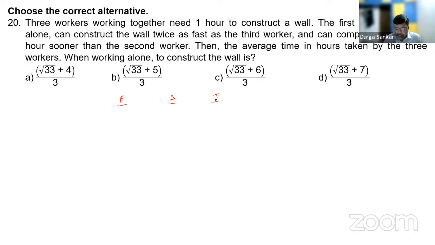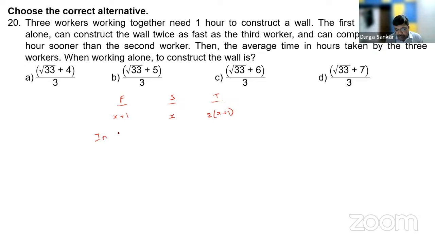Let me assume the second worker takes X hours to finish, which means the first worker takes X minus 1. Since the first worker is twice as fast as the third worker, the time taken by the first person is half of the time taken by the third person. So the third person will take 2 into X minus 1.